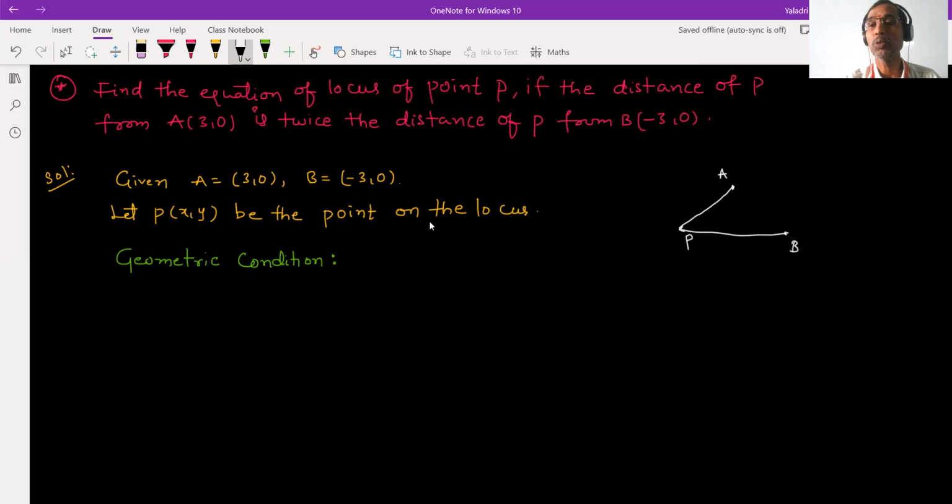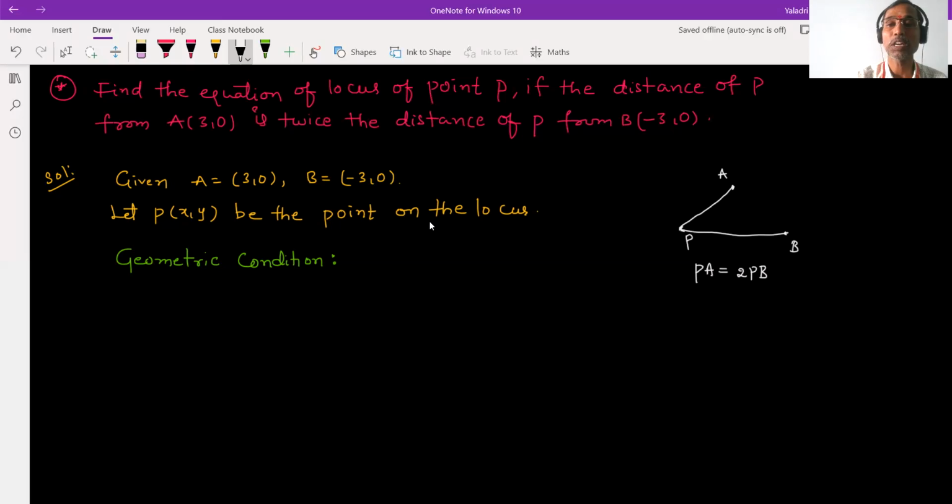So the distance of P from A, the distance of P from B. Write it once again. You should read the sentence. The distance of P from A, that is PA, is equals to twice the distance of P from B. So this is our geometric condition.